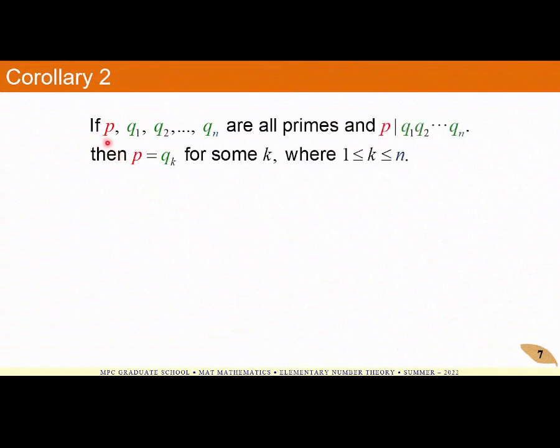Next, for Corollary 2: if p, q sub 1, q sub 2, up to q sub n are all primes, and p divides the product of q sub 1 times q sub 2 up to q sub n, then p is equal to q sub k for some k, where k is greater than or equal to 1 but less than or equal to n.